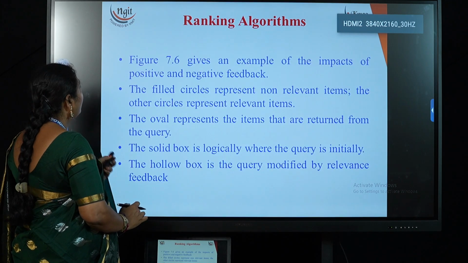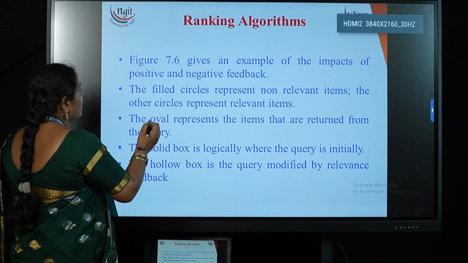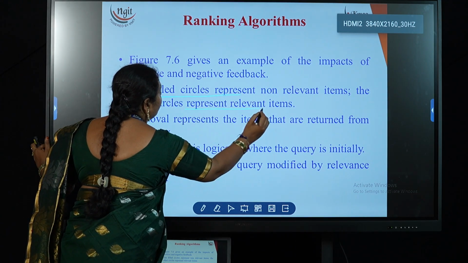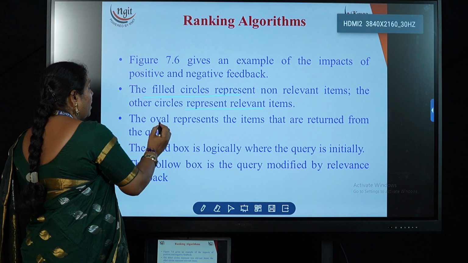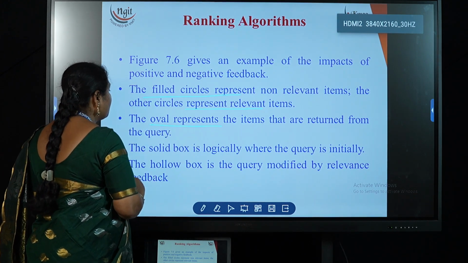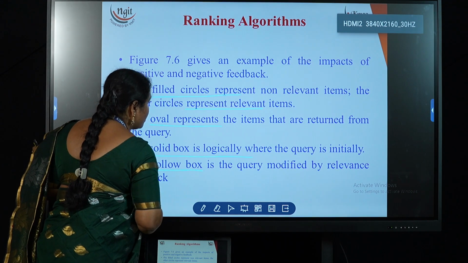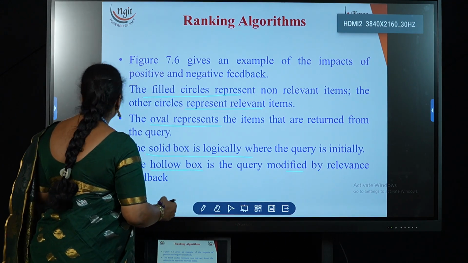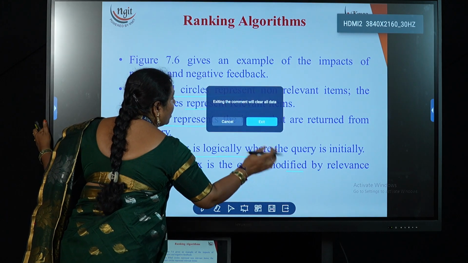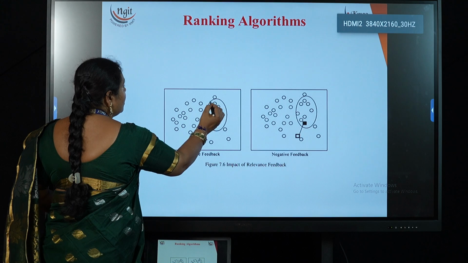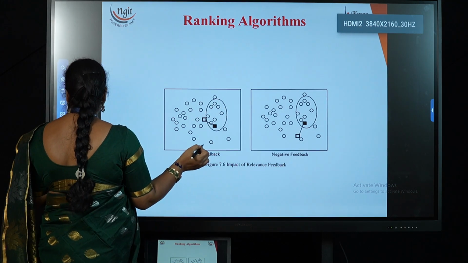According to the explanation, the filled circle represents non-relevant items, and the circle represents the relevant ones. The oval represents the items returned from the query, the solid box is where the query is initially, and the hollow box is the modified query. According to that, you have to check relevancy and non-relevancy factors. These are relevant, these are non-relevant.